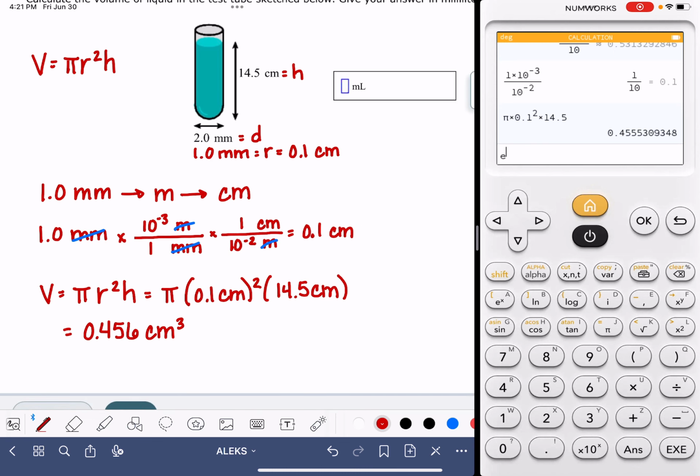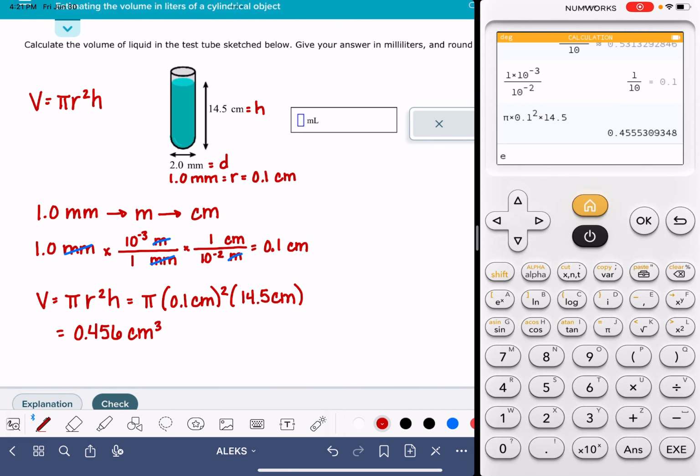Now, ALEKS wants the volume expressed in units of milliliters. An important relationship is that 1 cubic centimeter is equal to 1 milliliter.